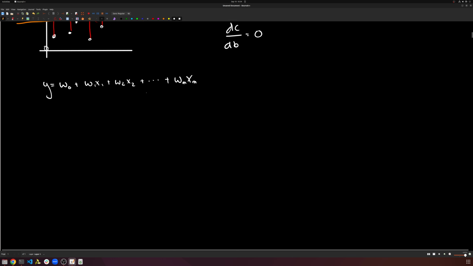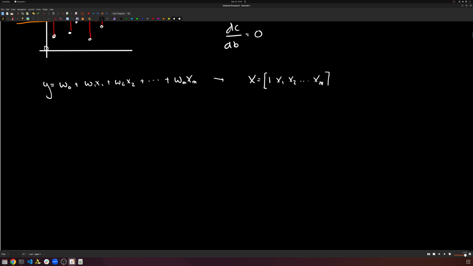Right now, writing it like this over and over again is a bit of a pain. So we can rewrite this in its matrix form. Let's set x, our data, to be 1, x1, x2, dot dot dot, xm in this case.